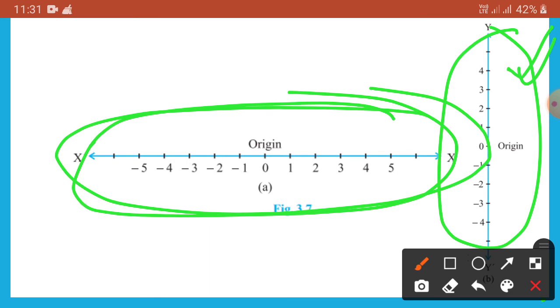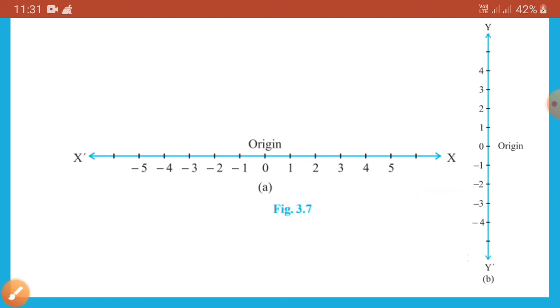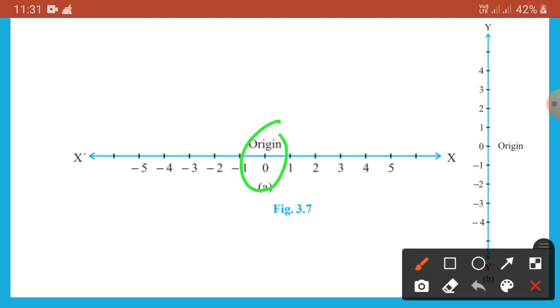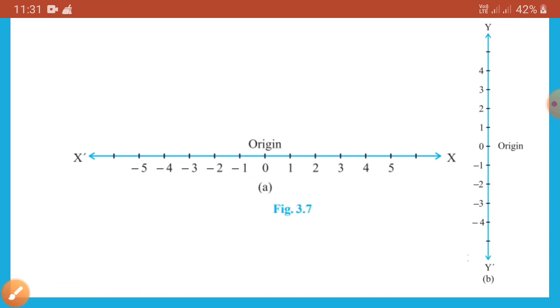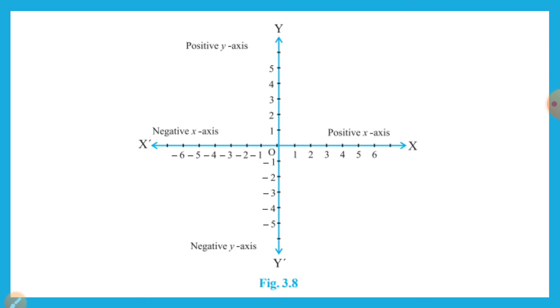Now we combine both lines in such a way that the two lines cross each other at their zeros. Here is the origin of the vertical line, and here is the origin of the horizontal line. So we combine both lines in such a way that they intersect at the point 0, that means the origin.